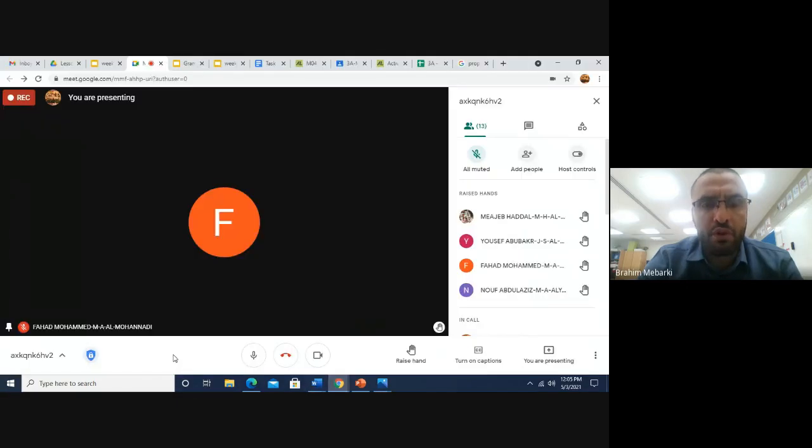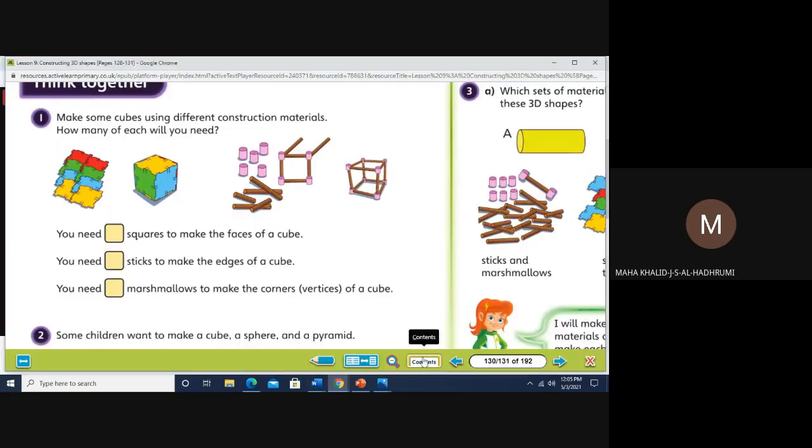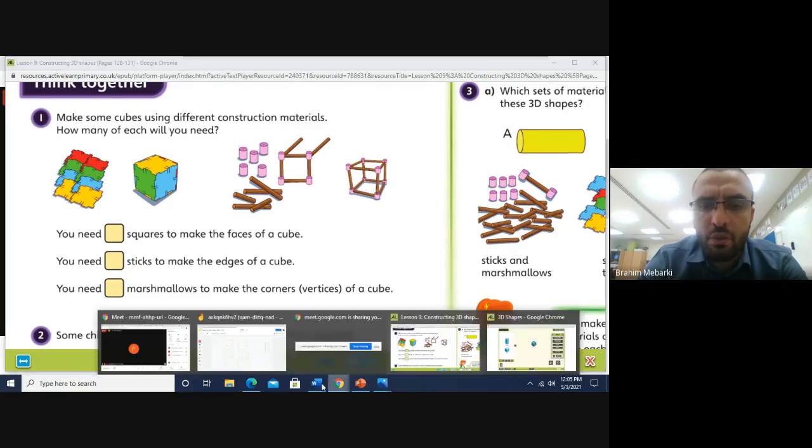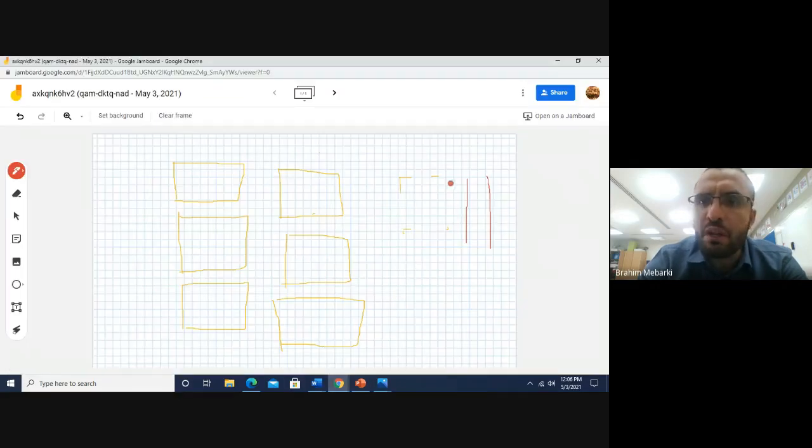How many sticks do we need for our cube? Eight? Do we need eight? Six? Someone else. Twelve. Twelve. Let's count up. One, two, three, four, five, six, seven, eight, nine, ten, eleven, twelve. So we need 12 sticks.